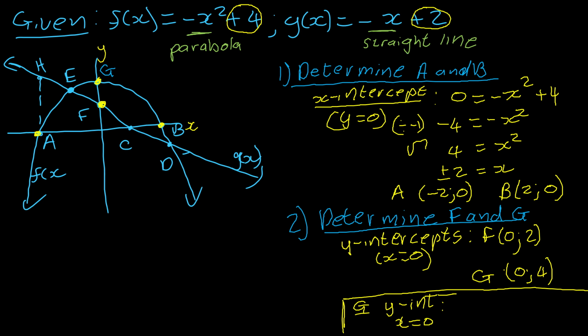So the formula for f of x is y equals negative x squared plus 4. You know your x value is 0, so y is just minus 0 squared plus 4, which would give you 4. And then from there you just write down your coordinate.